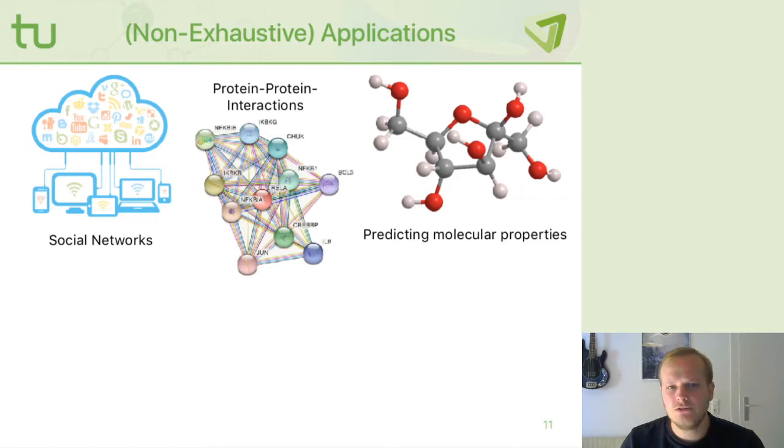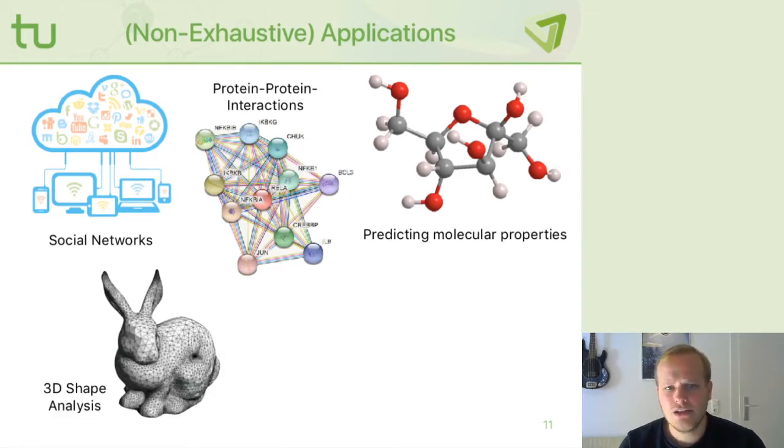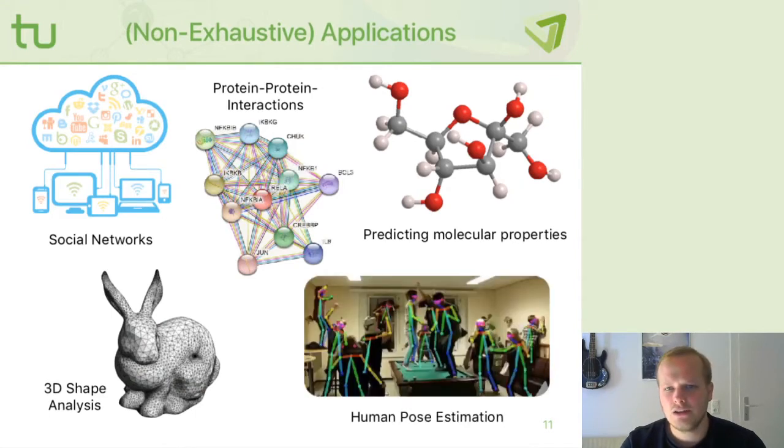There is also a lot of interest in graph generation for molecules for tasks such as drug discovery. Another major field is 3D shape analysis, which can also be tackled by graph neural networks that operate on 3D meshes. You can also find graph neural networks applied in the field of human pose estimation, where they can help to identify the relationship between human body joints.